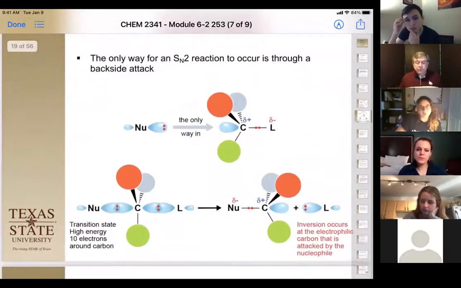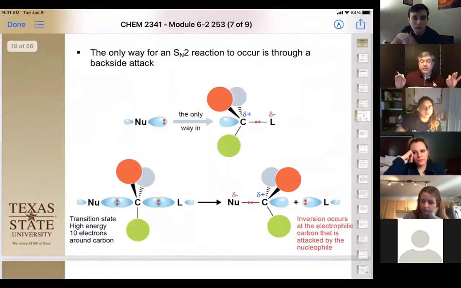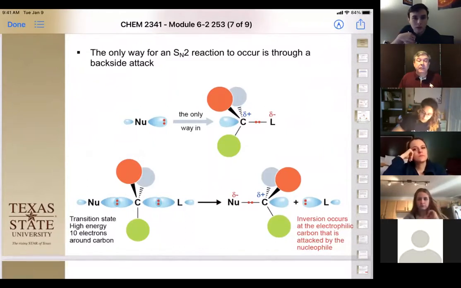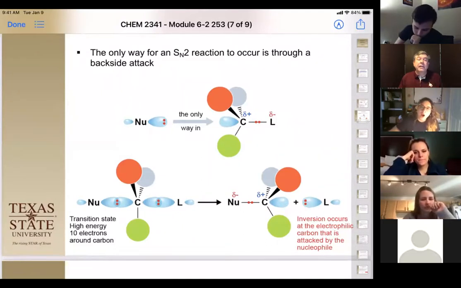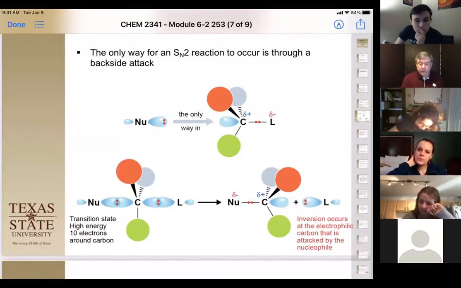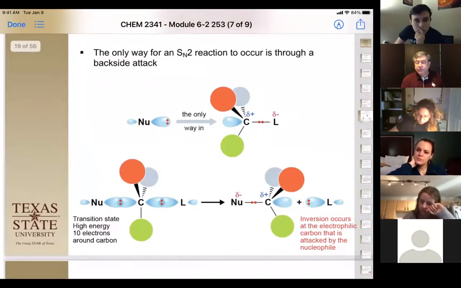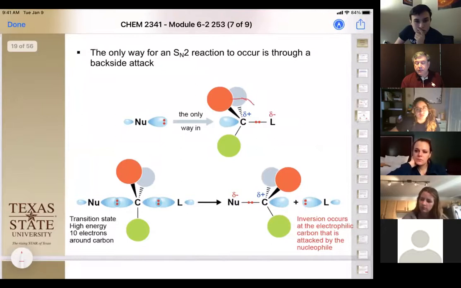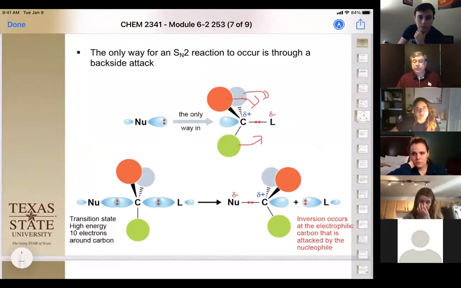Okay, so the key thing about stereocenters is you always get this inversion. You have to get inversion because the bond you're making has to be 180 degrees from the bond you're breaking. Therefore, the groups on here are going to do that flip, like inverting an umbrella.